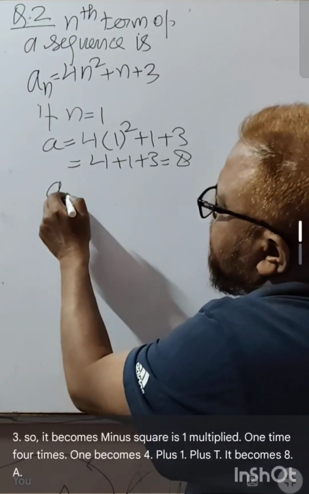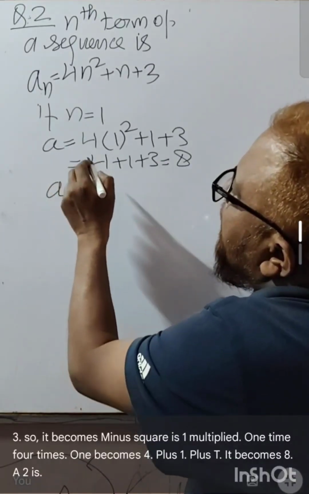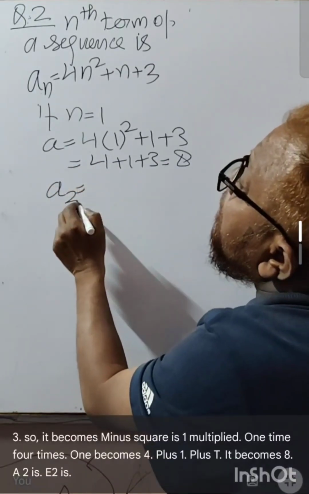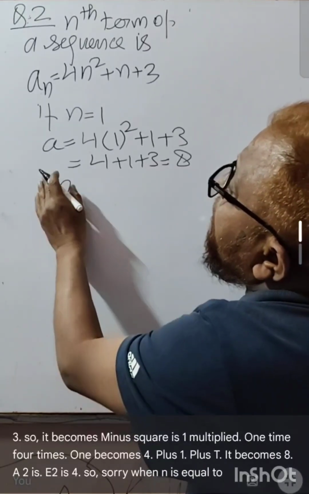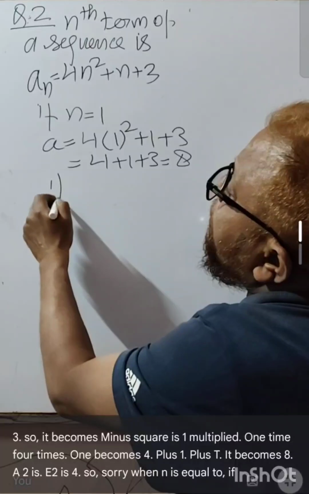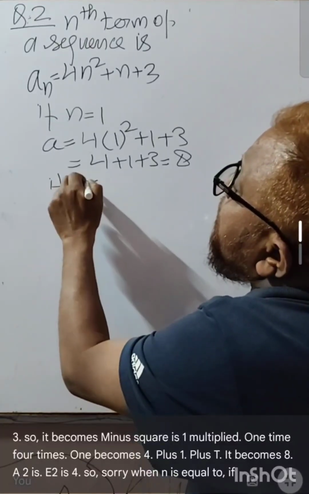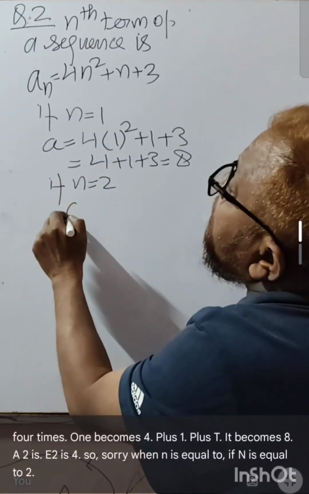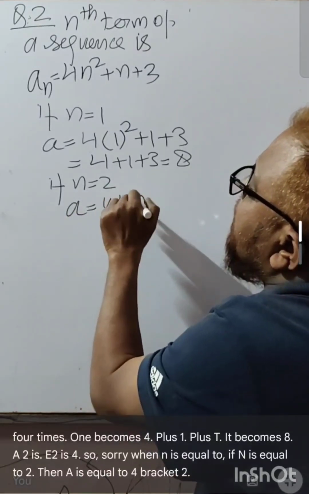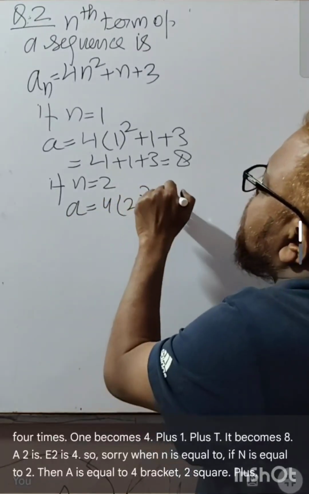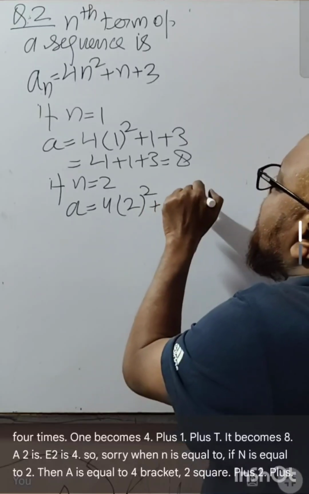A2 is 4. Sorry, when n is equal to 2, then a is equal to 4 bracket 2 square plus 2 plus 3.